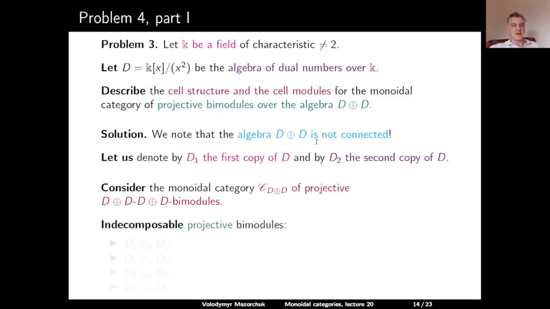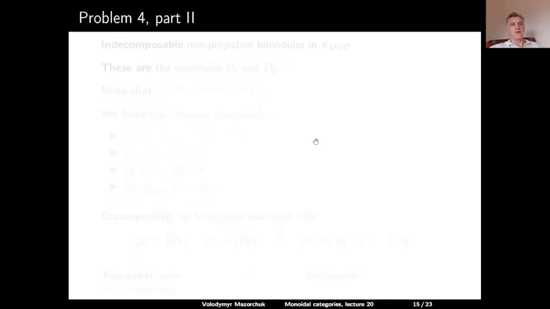So this category has the following indecomposable objects. First we have four indecomposable projective bimodules: D1 tensor over k with D1, D1 tensor over k with D2, D2 tensor over k with D1, and D2 tensor over k with D2. And also we have indecomposable non-projective bimodules, because we have the identity object, which is usually not projective in this monoidal category.